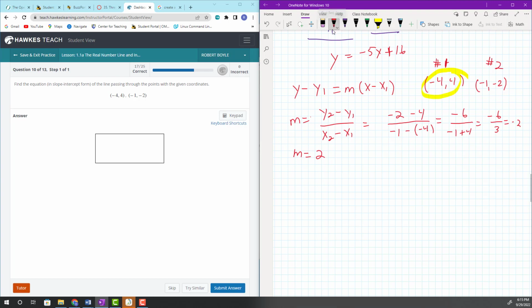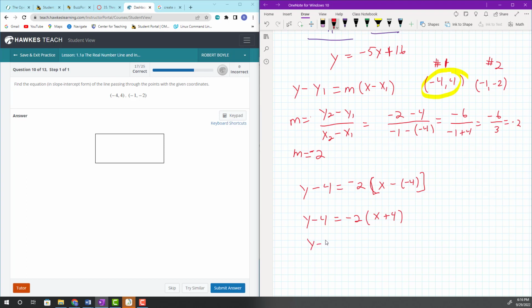Okay, so that is going to be y minus y sub 1, which is going to be 4, is equal to negative 2 times the quantity x minus negative 4. Well, that's going to be y minus 4 is equal to negative 2 times the quantity x plus 4.